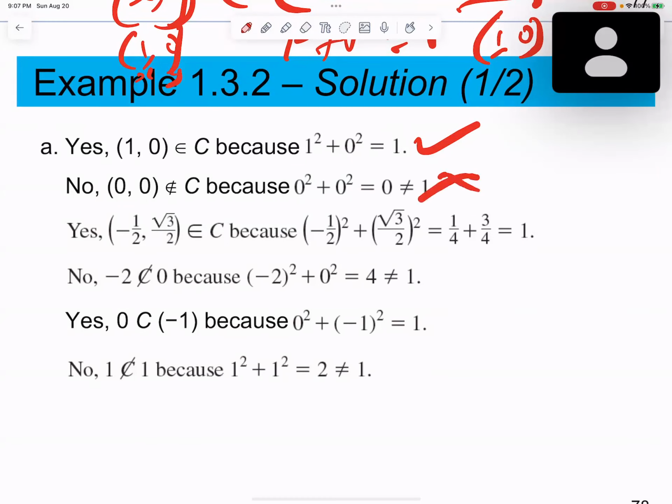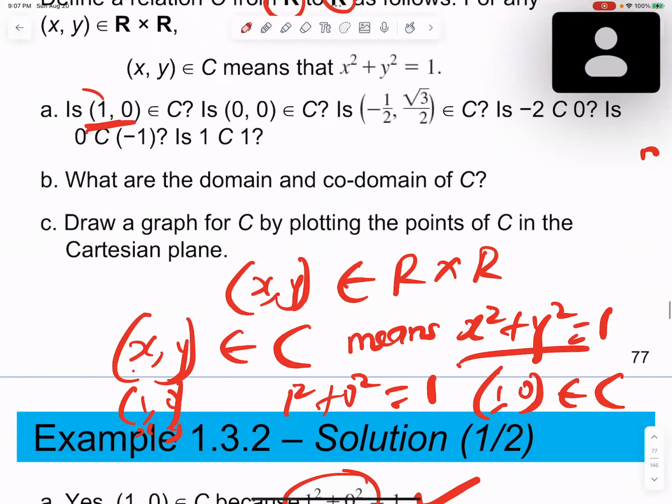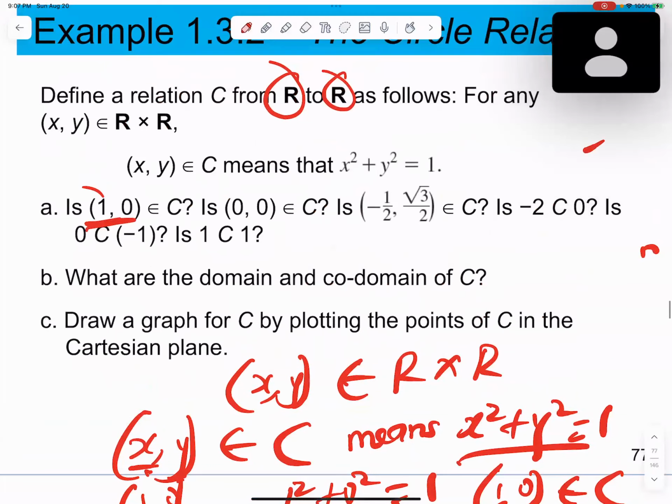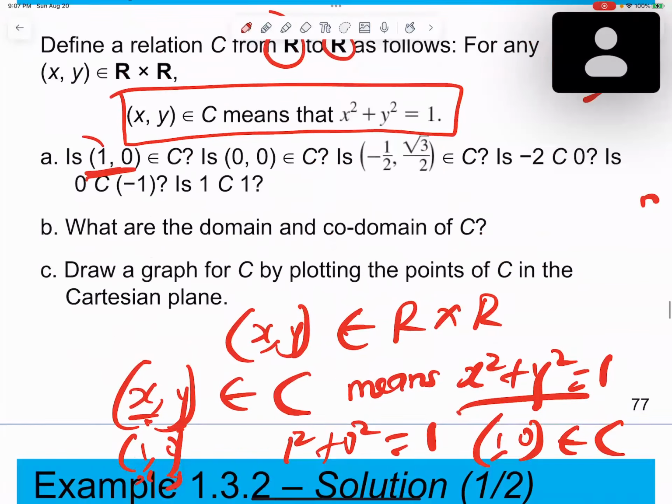But this is not correct because this gives me 0, and whatever I get here must be equal to 1. This is correct. This is not correct because the answer I got here is 4, and 4 is not equal to 1. Remember, whatever pairs you square and add together, the result must give you 1. That is the relation. You can make up your own relation. You can have as many as possible.